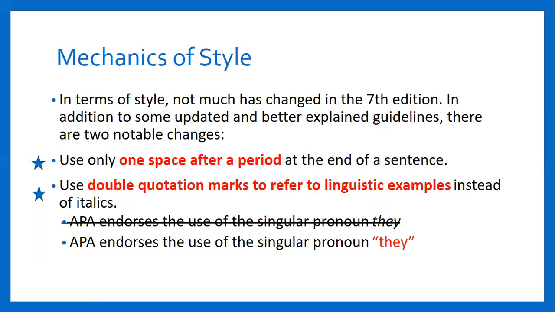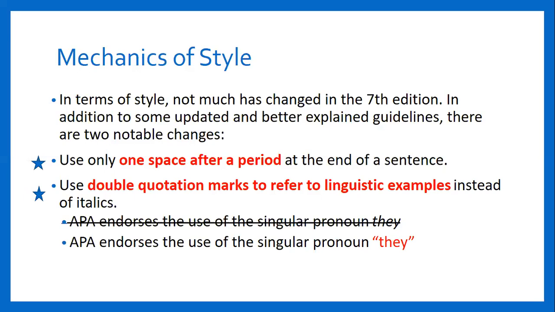The big one is only 1 space after a period at the end of a sentence. There used to be 2 spaces, and that was a hangover from days of manual typewriting. Now with computers, text is sort of justified. So 2 spaces following a period would create a big gap if you justified a paragraph.